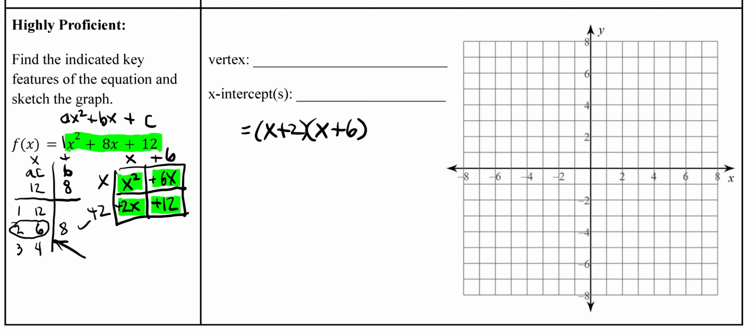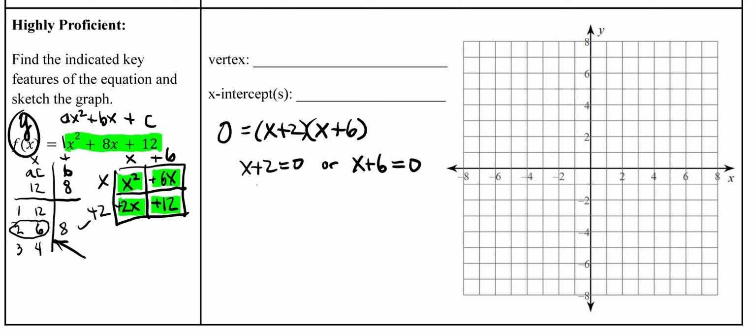Remember that f of x is the same as y. So I want to know, where is y equal to 0? Because where y equals 0, that's where it's going to cross the x-axis. So I'm going to set this equal to 0. This is only possible if x plus 2 equals 0, if one of the factors is 0, or if the other factor, x plus 6, equals 0.